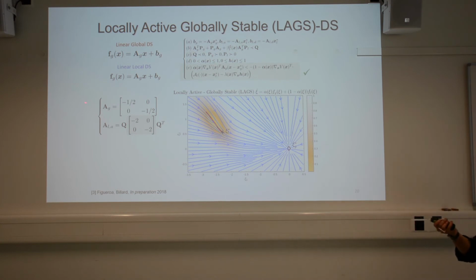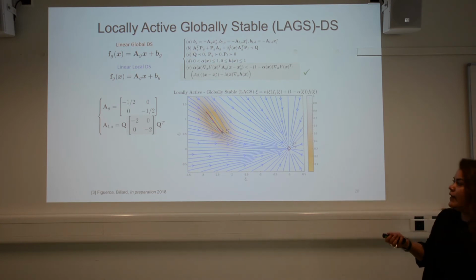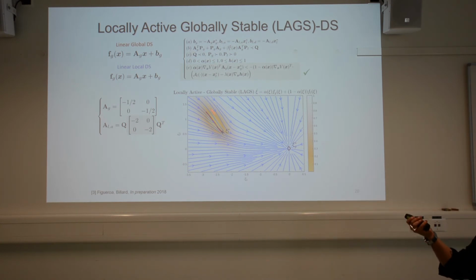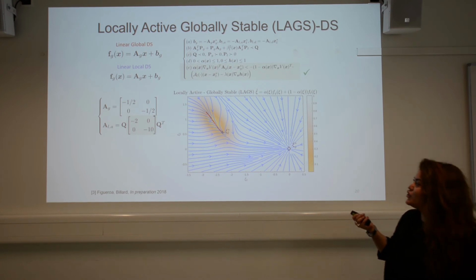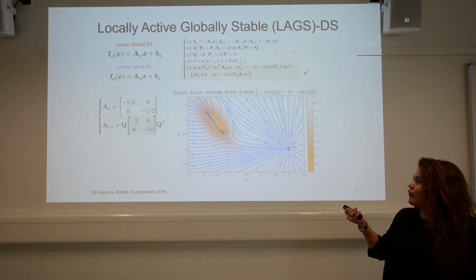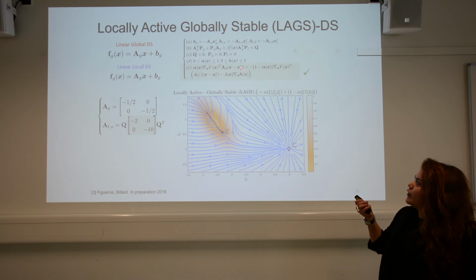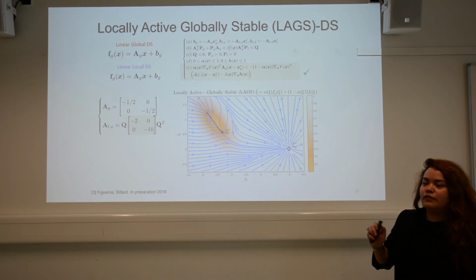So for example, here we have the same negative eigenvalues, so we don't have any attraction, we just have a shaping of our dynamics. If we increase the second eigenvalue, we can see that now we have some sort of attraction towards the reference trajectory, and our constraint is still valid.